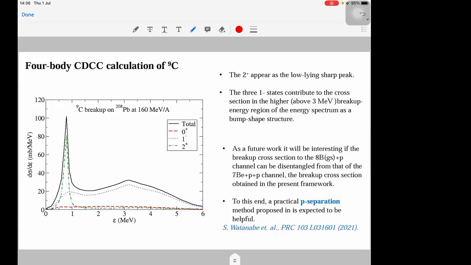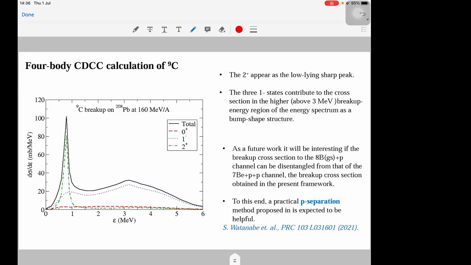So here I show the results of 4-body breakup of 9 carbon, which is achieved by making use of the 4-body version of CDCC. We investigate the role of 0+, 1 negative, and 2+ resonant and non-resonant continuum states on the breakup cross-section.